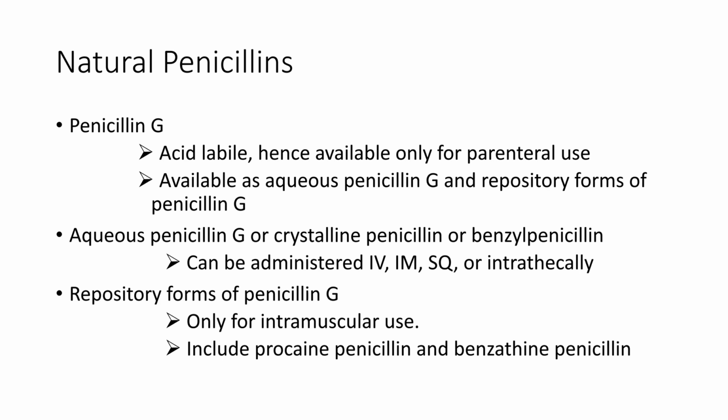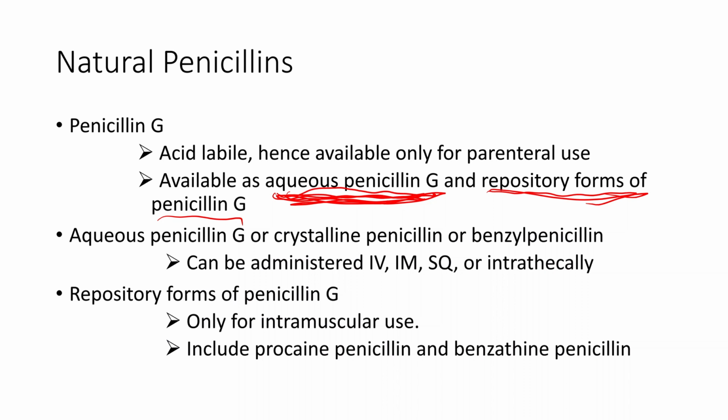There are 2 forms of penicillin G: aqueous penicillin G and repository forms of penicillin G. Aqueous penicillin G is water soluble, right? This is the one you can give intravenous. But the repository forms are deposit forms, long acting. You can't give them intravenous, only intramuscular.